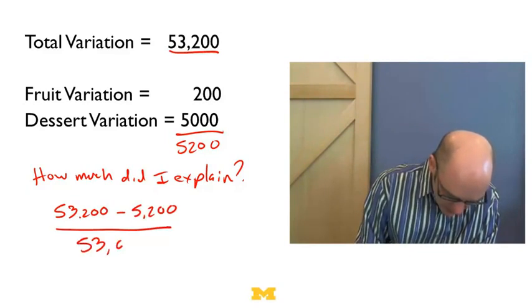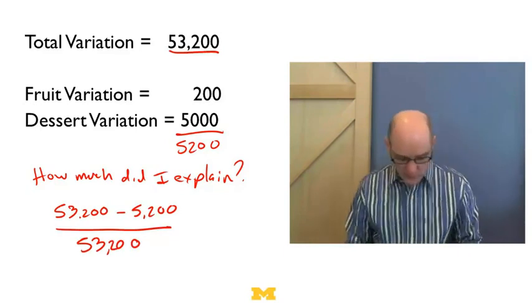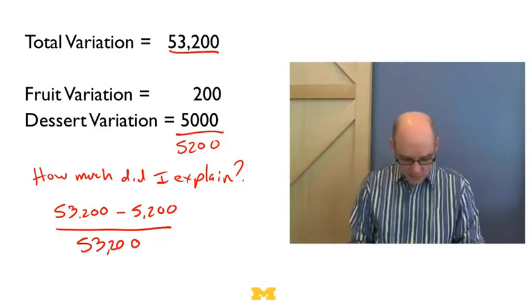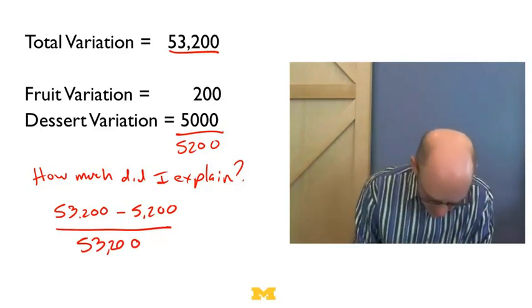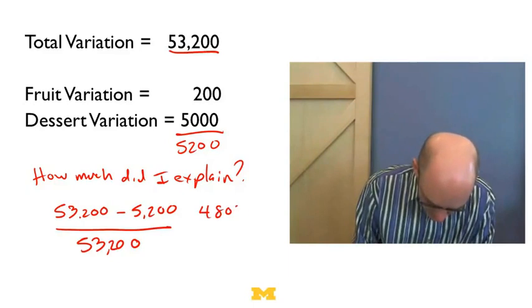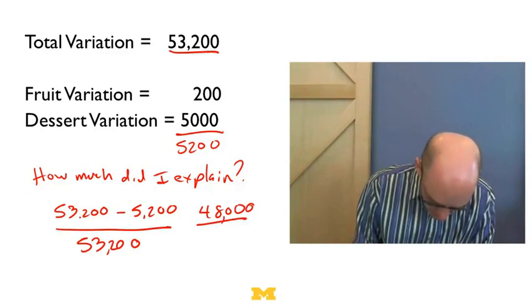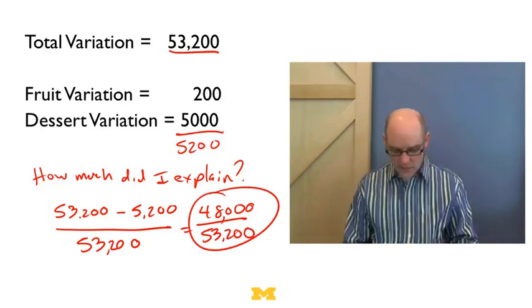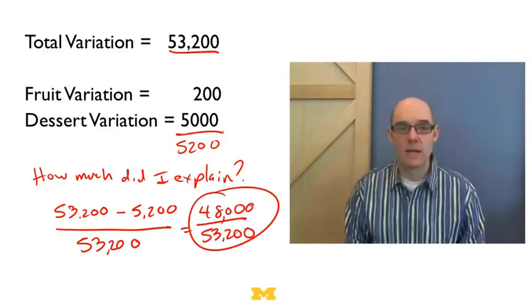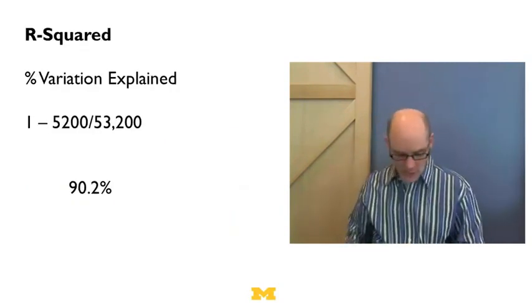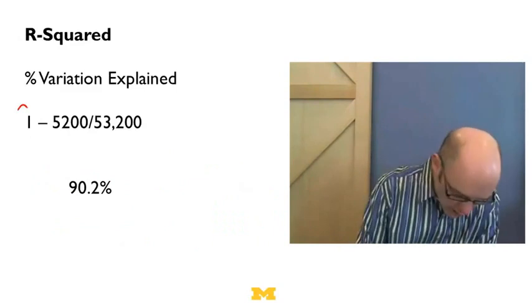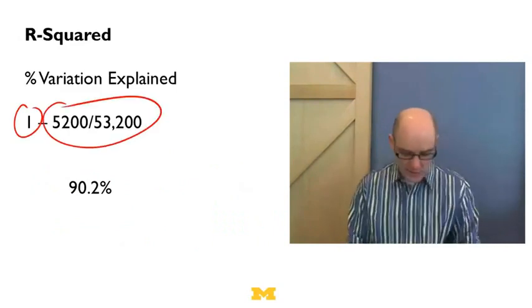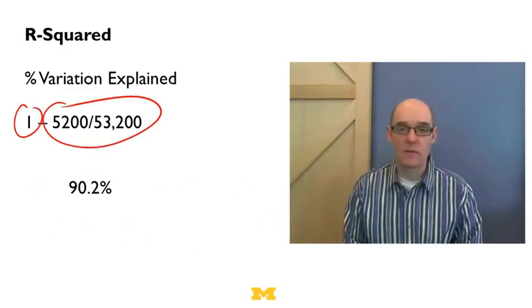And so the amount I explained is 53,000 minus 5,000, right, which is 48,000, over 53,200. So the percentage of the variation I explained was 48,000 divided by 53,000, which is a huge amount. Now I can write this more simply as just 1 minus the amount that's left over, 1 minus 5,200 over 53,000.